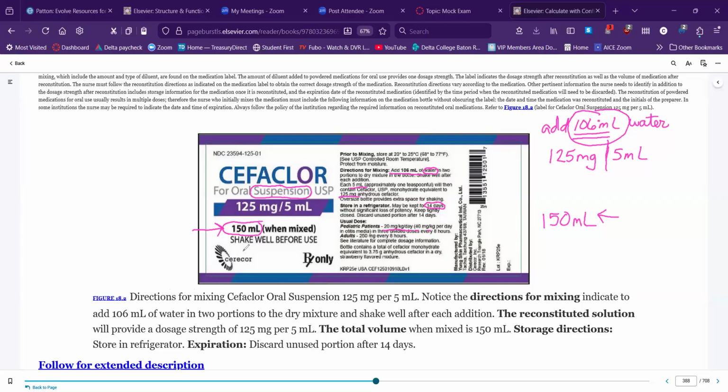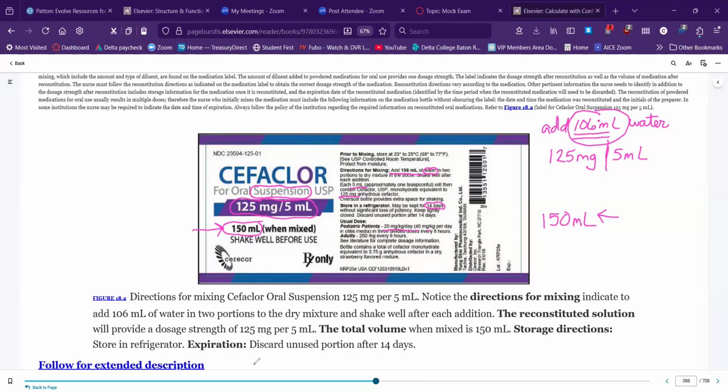Because am I giving the whole bottle at one time? No. What I'm worried about is this small amount right here. It's telling me for every 5 mLs of this 150, so I have 150 mLs total, but for every 5 mLs, there's 125 milligrams of medicine.